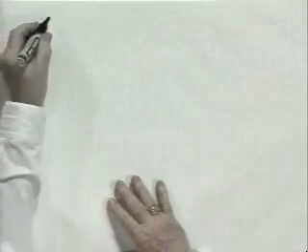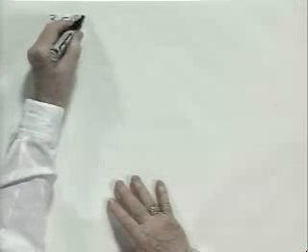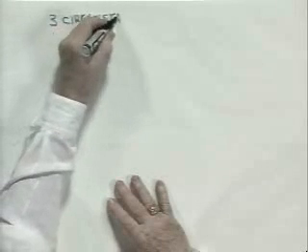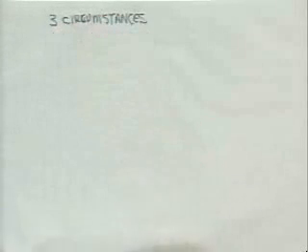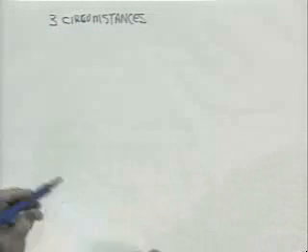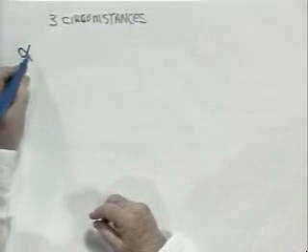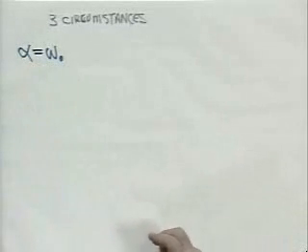There are in general three circumstances. I think we need a different pen here. There are three circumstances. There is one in which alpha is equal to omega naught.